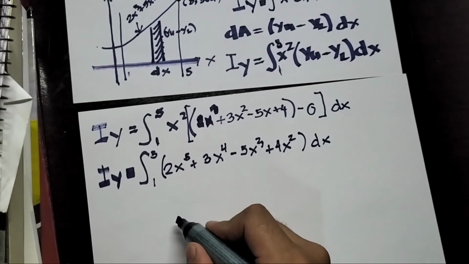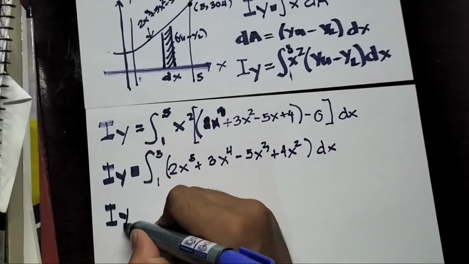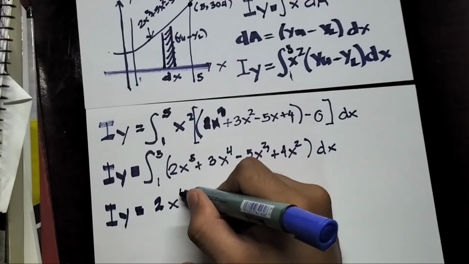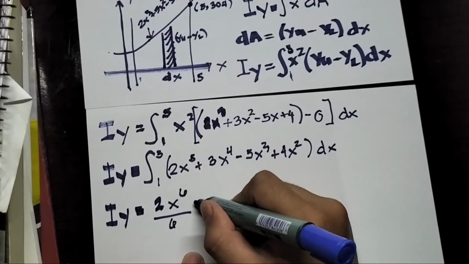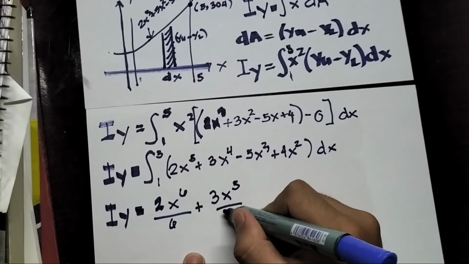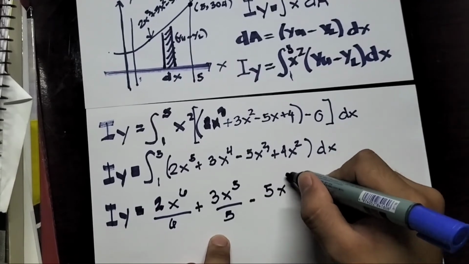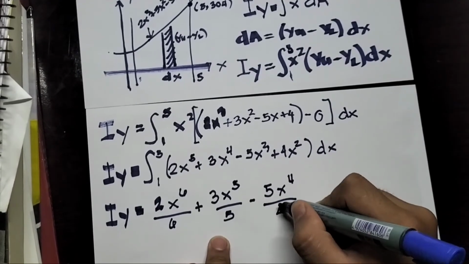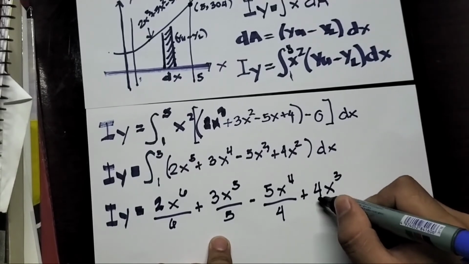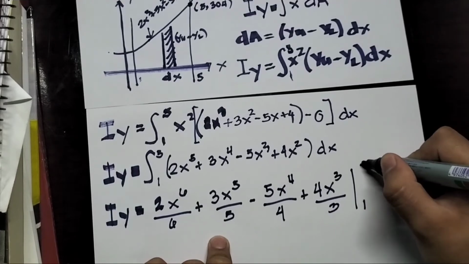Then we go on to the integration. So now Iy is equal to 2x raised to 6 over 6 plus 3x raised to 5 over 5 minus 5x raised to 4 over 4 plus 4x cubed over 3, from 1 to 5.